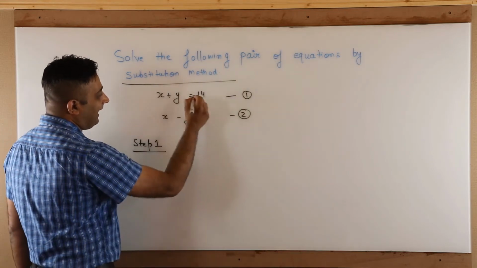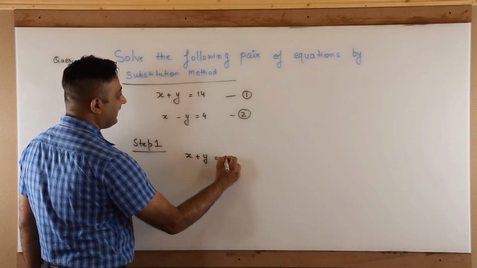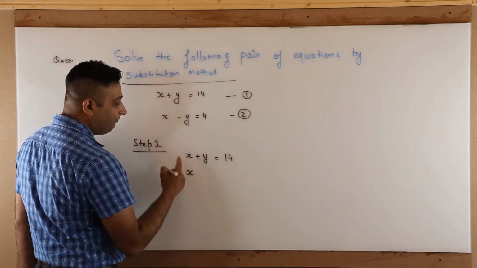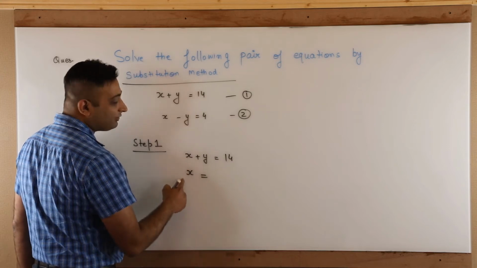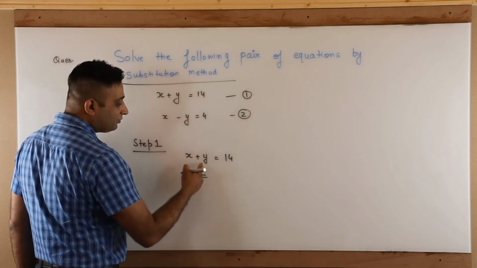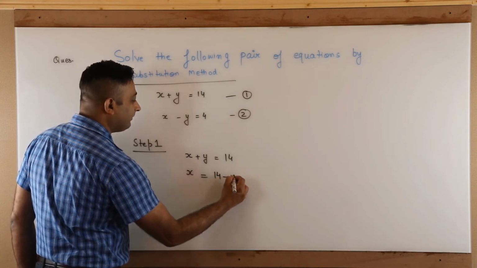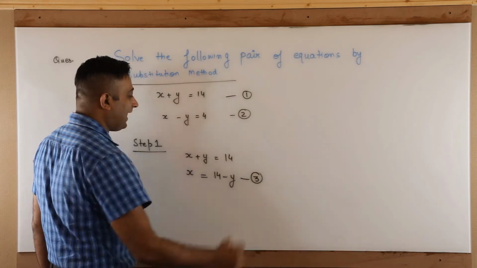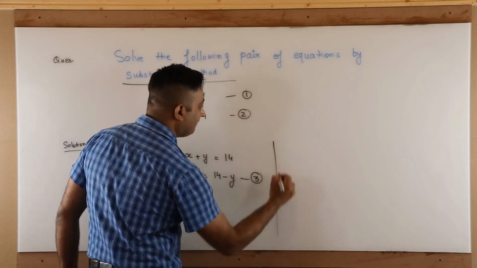We can take any of these equations, say x plus y equal to 14, and find one variable in terms of another. So we can find x or we can find y. So we are now finding x in terms of the other variable, that is y, and name this equation as equation number 3.